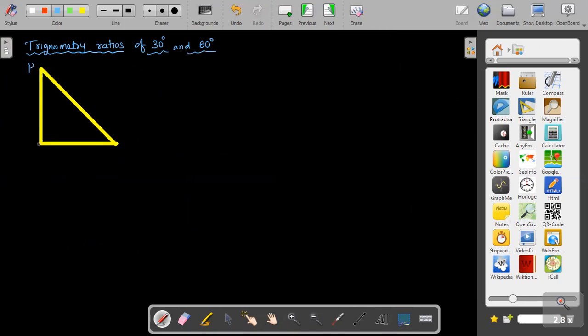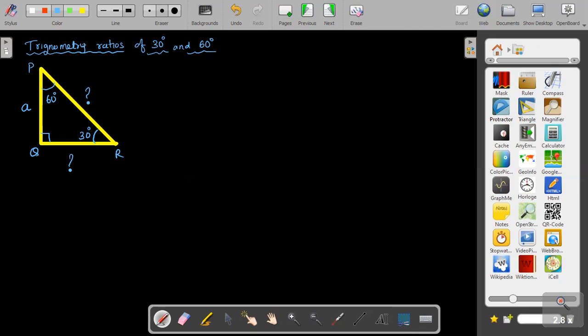Let me take this angle as name as P, Q and R. Obviously this is 90 degree and let me write this as 30 degree and this one as 60 degree. Okay, and I am already giving you in this problem that length of PQ is A. This value is given to you and you have to find out this and this.